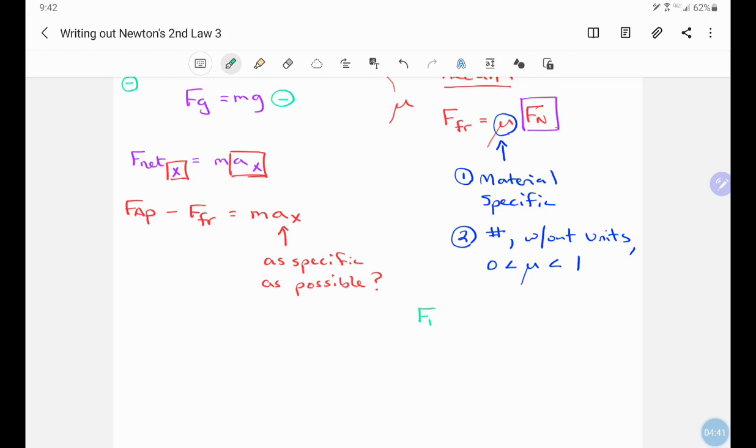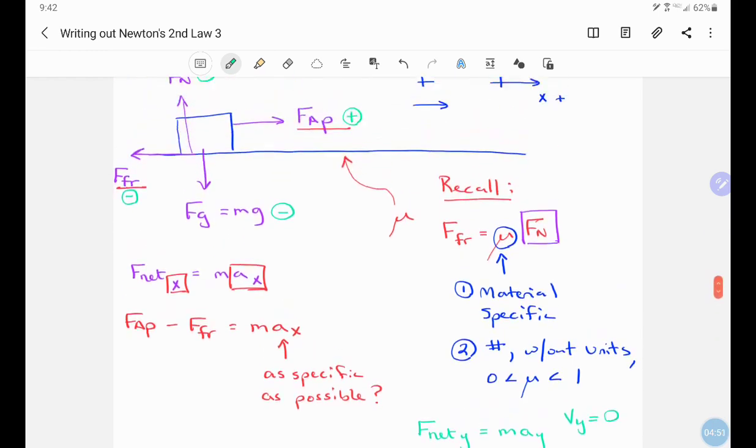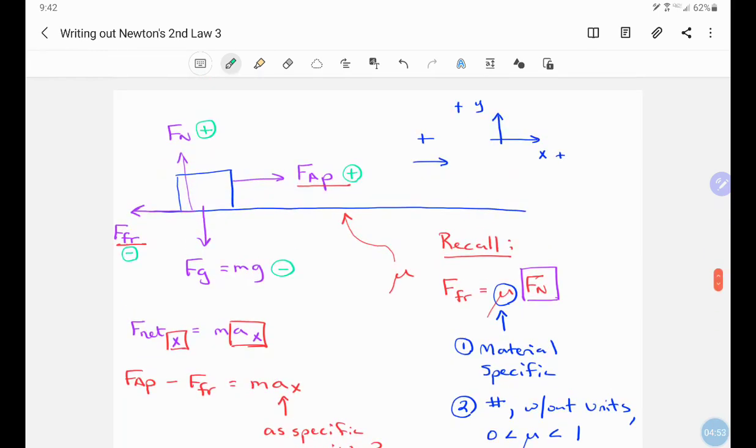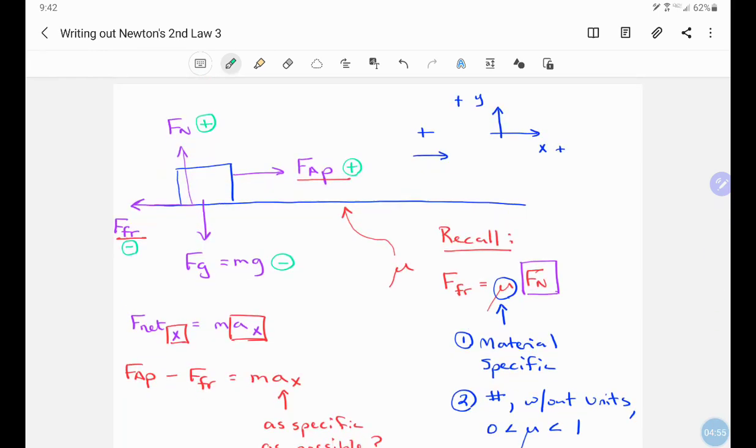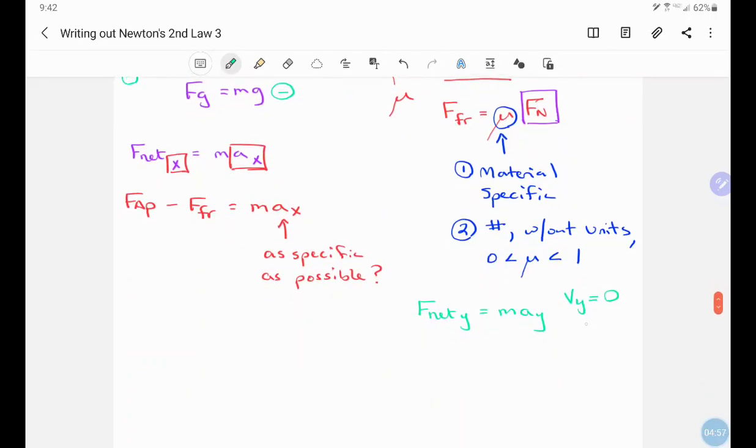So we have F net y equals m a_y. V_y is 0. This object is moving horizontally. There is no velocity vertically, therefore V_y is 0. As a result, a_y is 0. Therefore, this term drops out.